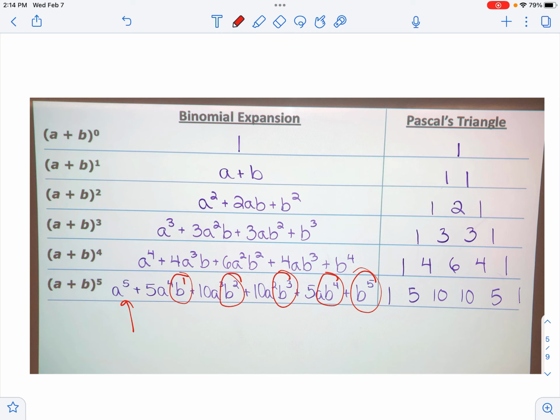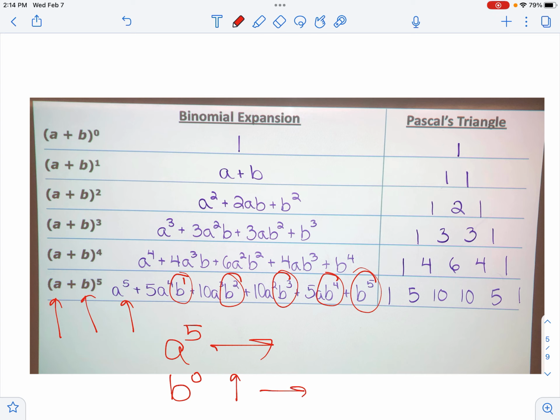Okay, so what is happening? We have our first term starts with the same power. In this case, it was a to the 5, and it works its way down. Then the second term starts at 0 and goes up. It's going up throughout as you go to the right.